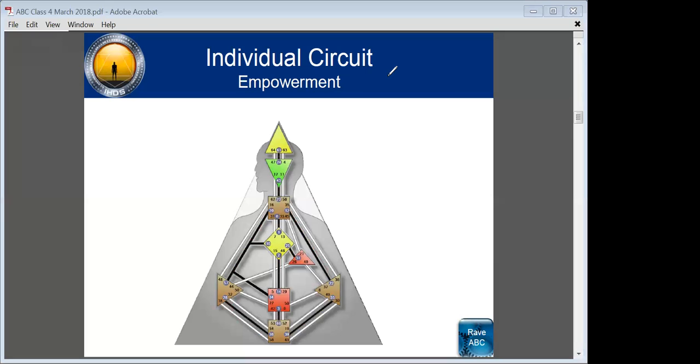Anytime you hear me say most complex, it's because it has so many different components or variations to it. In other words, there are many more gates associated with this individual circuitry than, say, tribal circuitry. And so anytime you have a lot of mixtures of gates, you have lots of different ways that expression is going to come out.